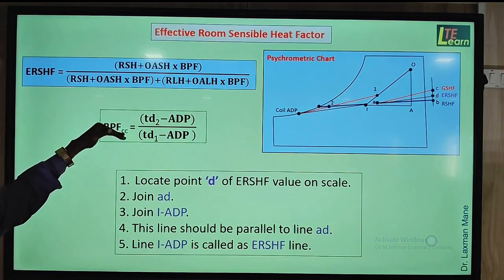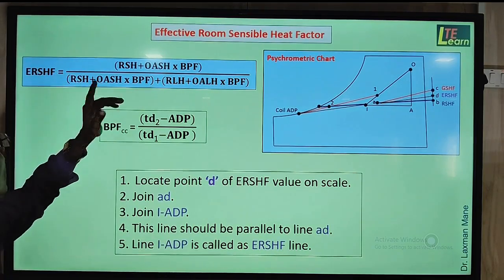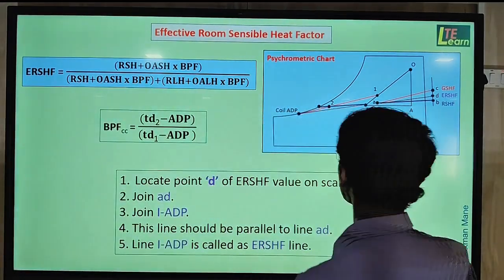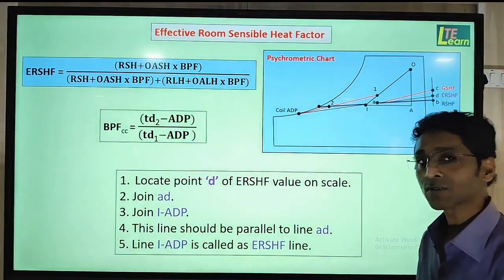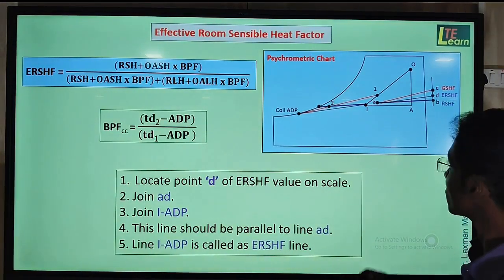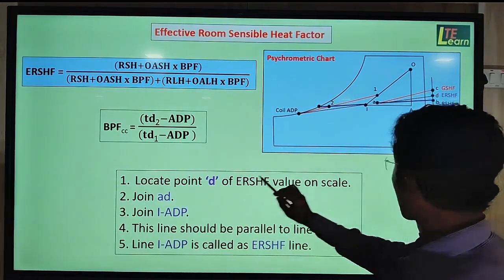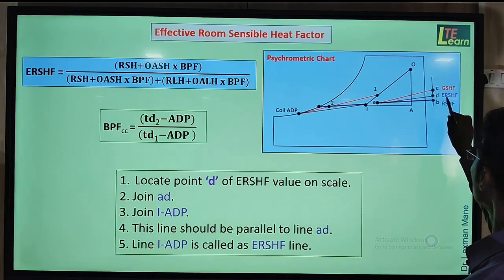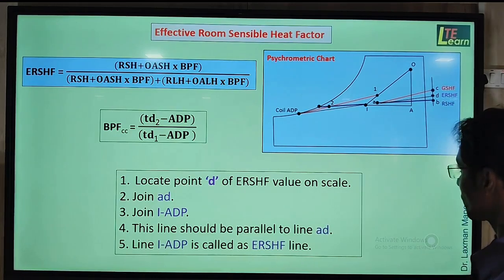This bypass factor value we use in the calculation of ERSHF. When we get this value, again we follow the same process as for GSHF and RSHF. Here the point D we locate with the value of ERSHF.